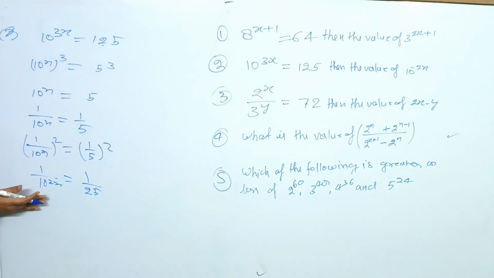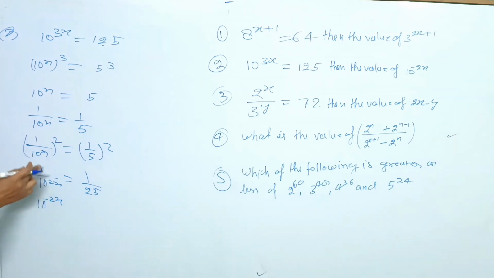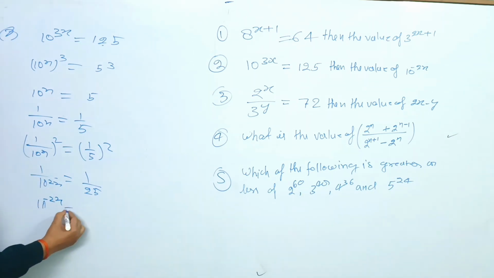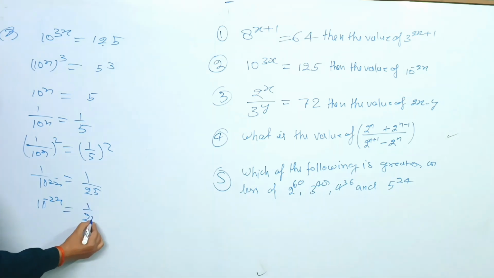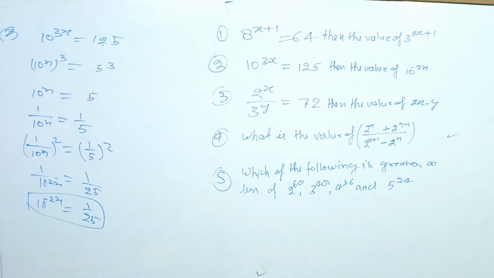Finally, the value of 10 to the power minus 2x is 1 upon 25.